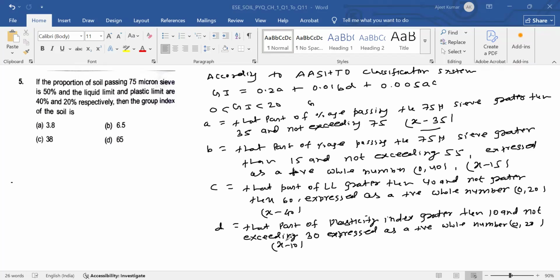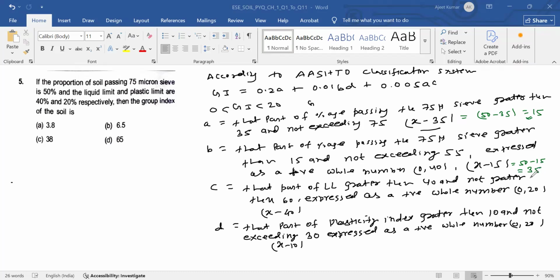Okay, so in this case, this is 50%, so this will be 50 minus 35, which is 15. So A will be 15 and B will be 50 minus 15, which is 35.